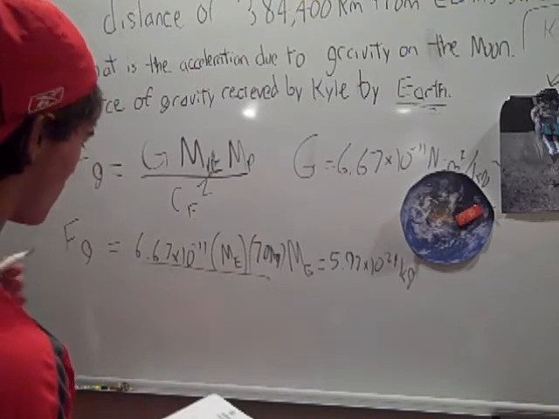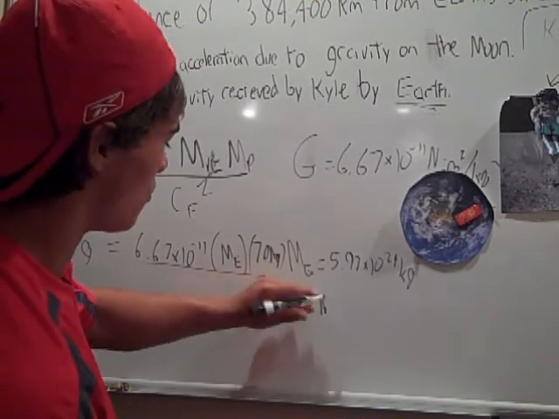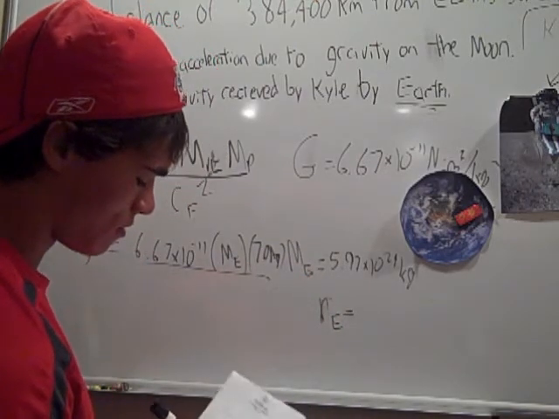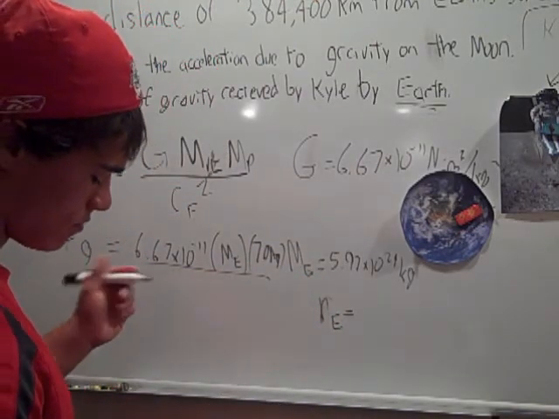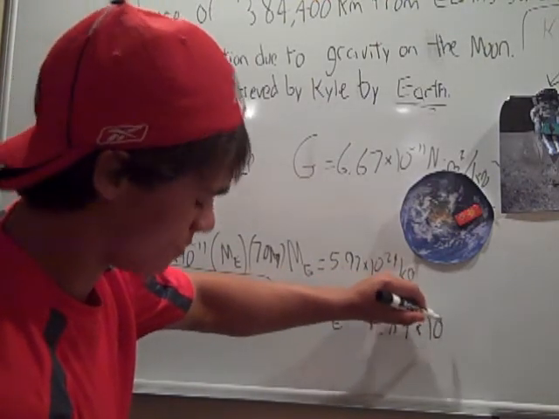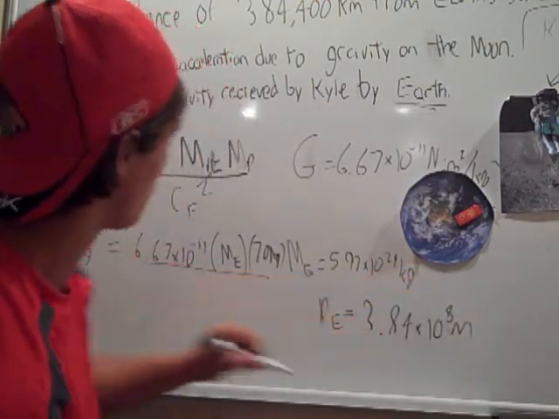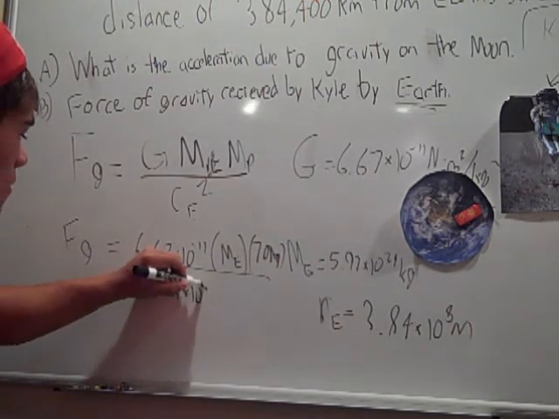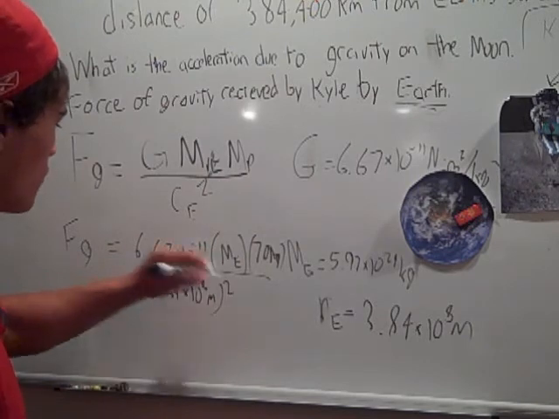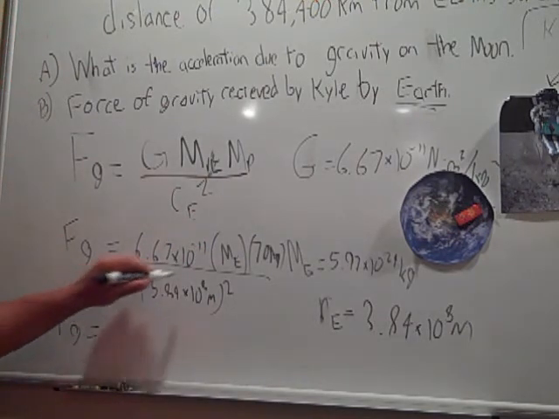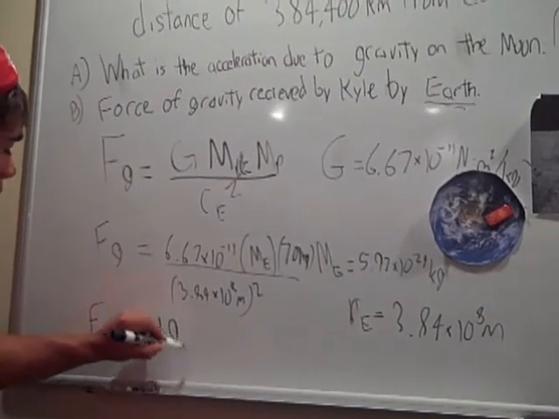Over the distance, which we were given to be 3.84 times 10 to the 8th meters. So 3.84 times 10 to the 8th meters squared. You have to square that value. So if we solve out for force of gravity, we get 0.19 newtons.